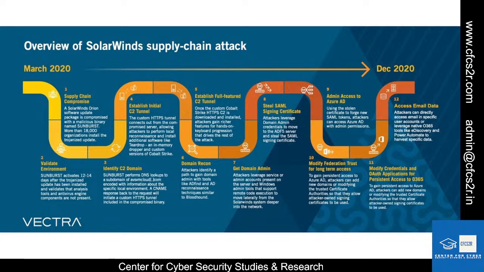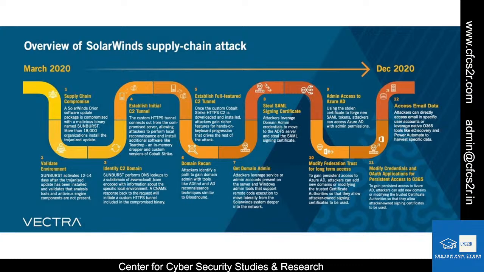Now in the second phase, it validated the environment. Sunburst activated around 12 to 14 days after the Trojanized update was installed and validated that analysis tools and antivirus engine components are not present. Then it identified the C2 domain and established the initial C2 tunnel so that they can communicate with their command and control IPs.